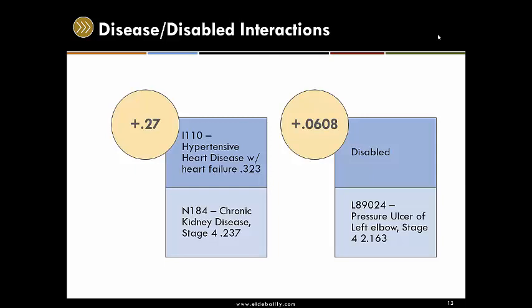But in addition, you're going to get another 0.27 added to your score for the disease interaction. The next example is a patient that's disabled and then has a pressure ulcer of the left elbow. Again, you're going to get credit in your demographics for the disabled, you're going to get an HCC score for that pressure ulcer, and then you're going to get the disease interaction.